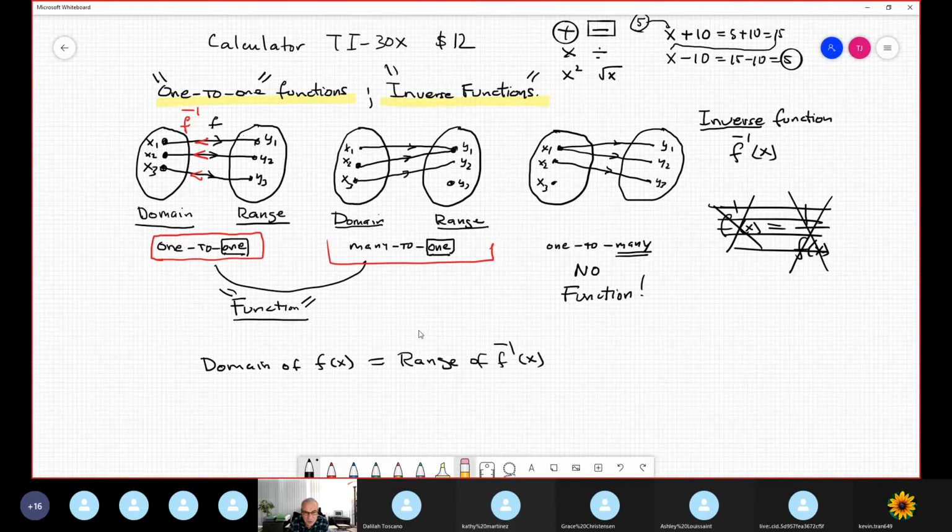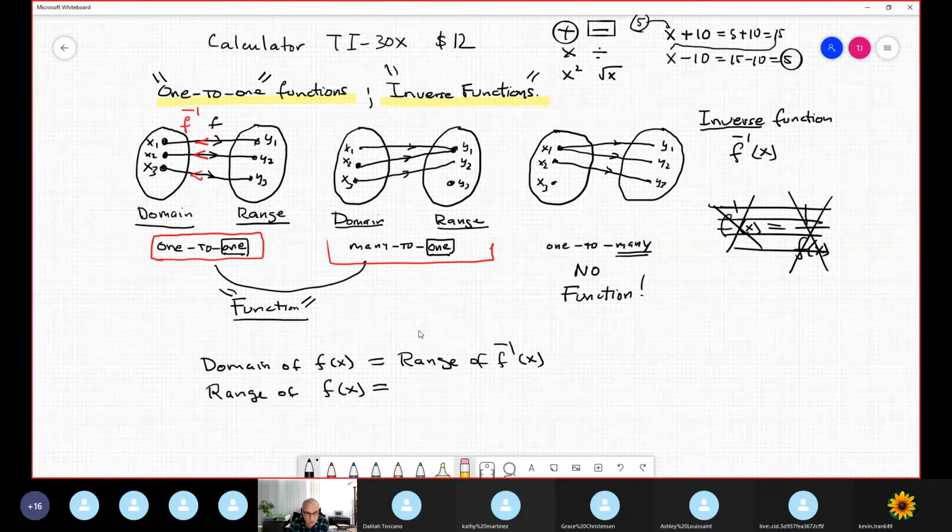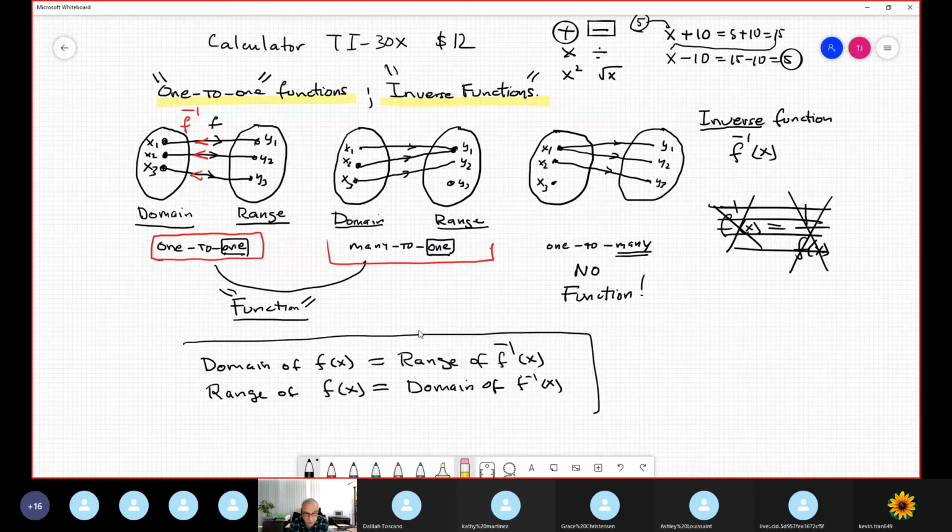Because it's easy. The only thing you are doing is interchanging domain and range. And the range of the original function is equal to the domain of its inverse. Keep in mind this important relationship between these.